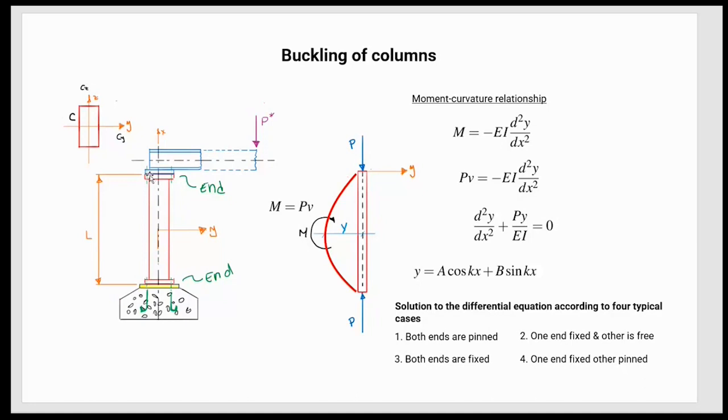I want to make this distinction because later on in column design, you're going to see a concept of effective length, which depends on the length of the column, but has a variation depending on how the ends are used. So that's why it's important to specify that this L, as it is presented here, represents the physical length of the column, something that you can measure using a tape measure or any other mechanism.